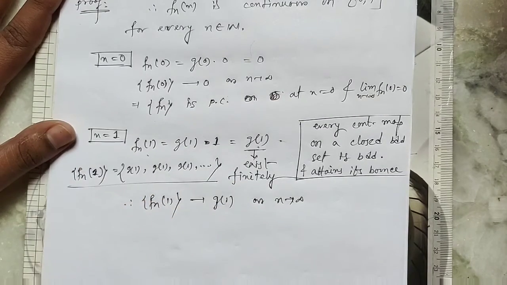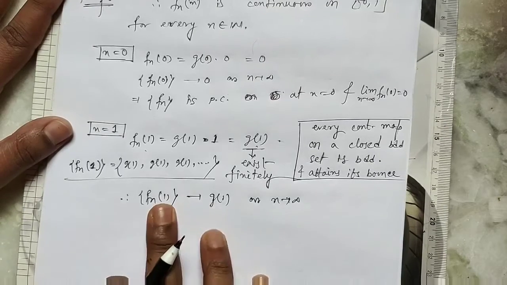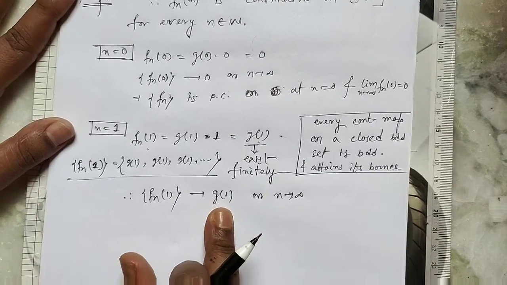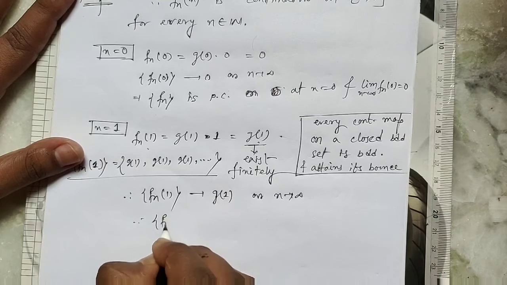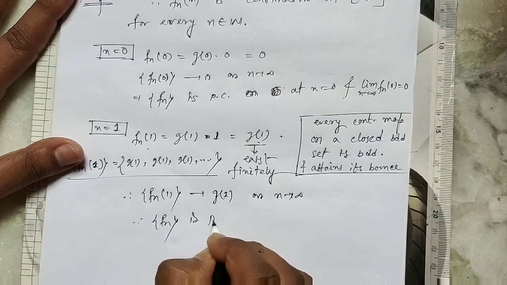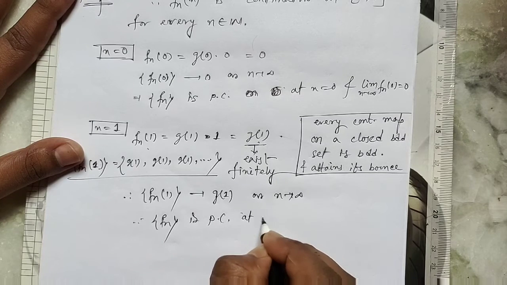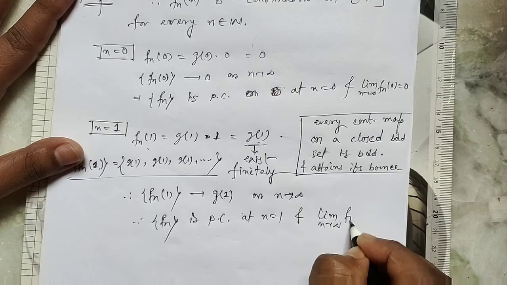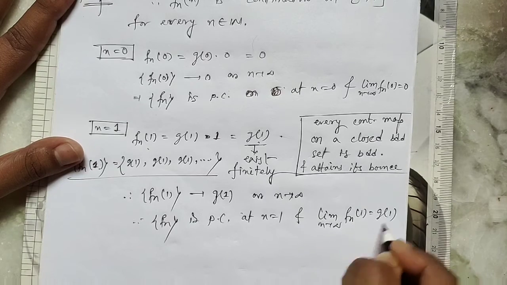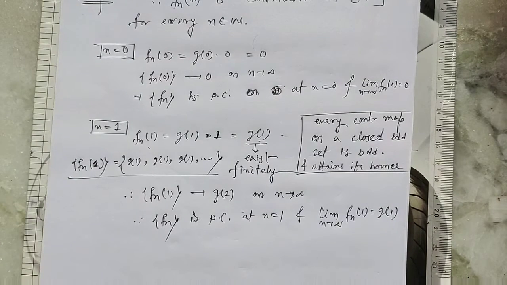This is the sequence for x equal to 1. So this real sequence converges to G of 1 as n tends to infinity. Therefore the sequence of functions is pointwise convergent at x equal to 1 and the limit as n tends to infinity of fn(1) equals G of 1. Clear?